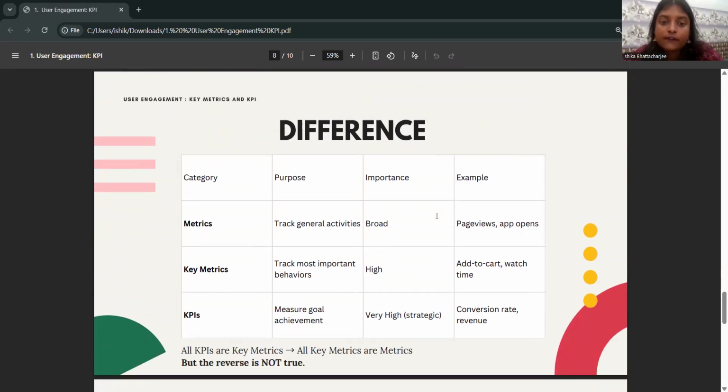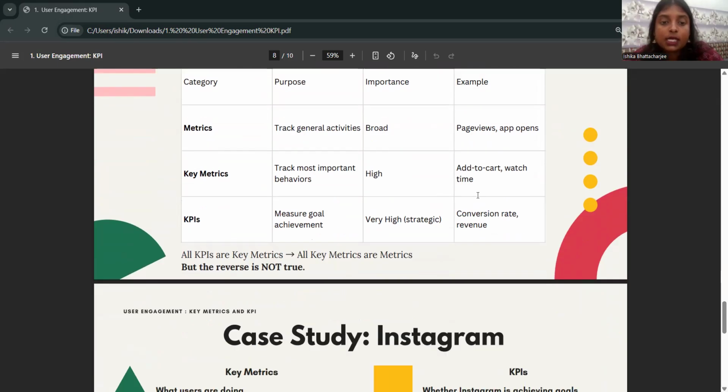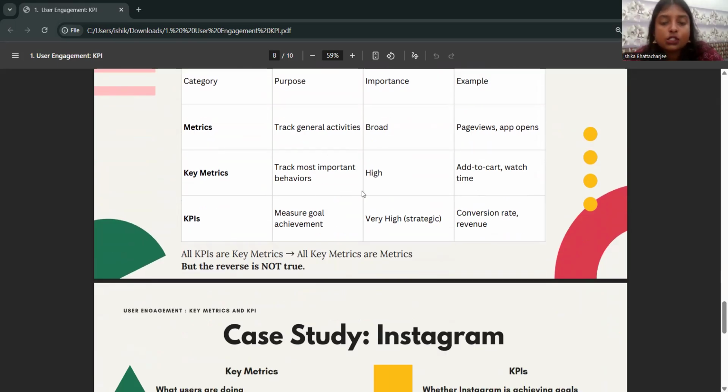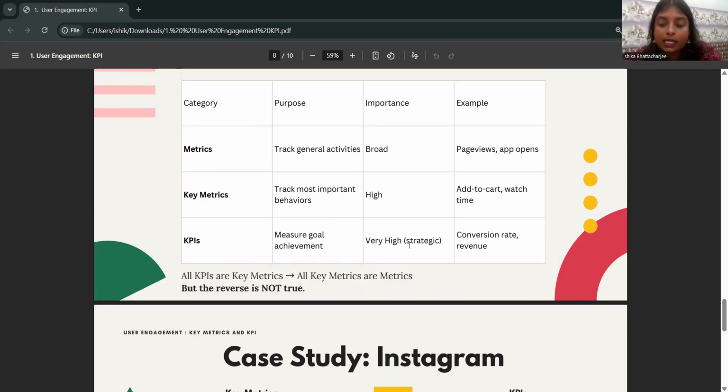So there is a small difference table, like metrics track general activities. Importance is very broad, and the examples are page views or app opens. Key metrics track the most important behaviors for our business. So its importance is high. Now examples are add to cart and watch time. And KPIs actually measure the goal achievement. It actually measures the success. So the importance is very high.